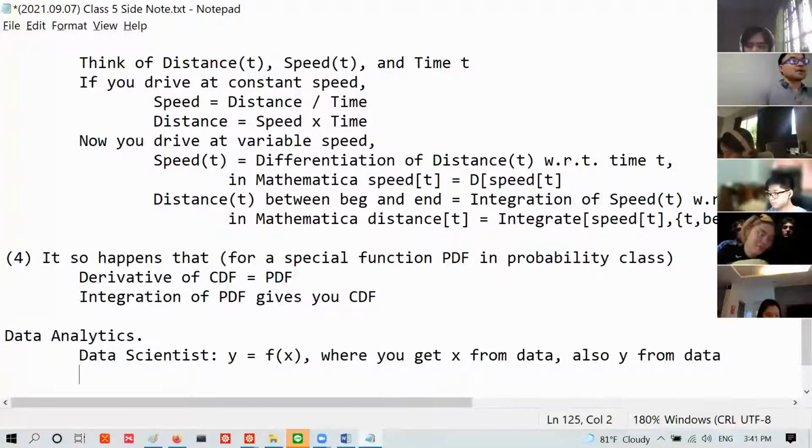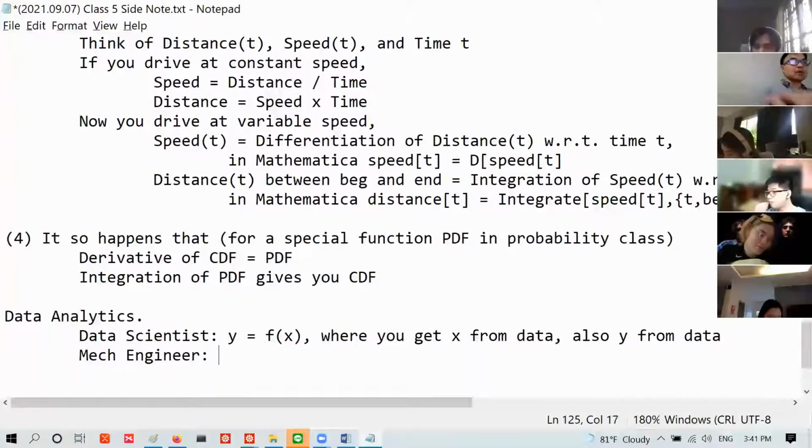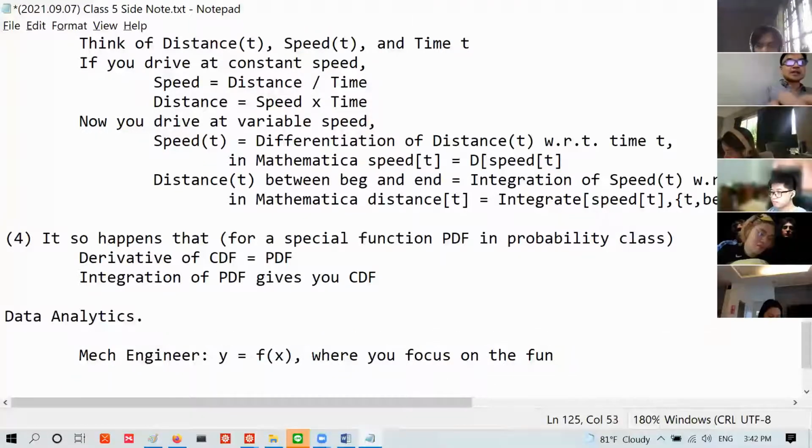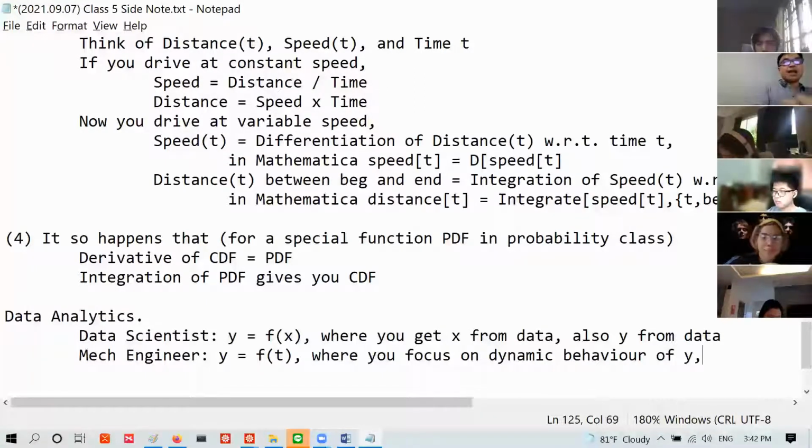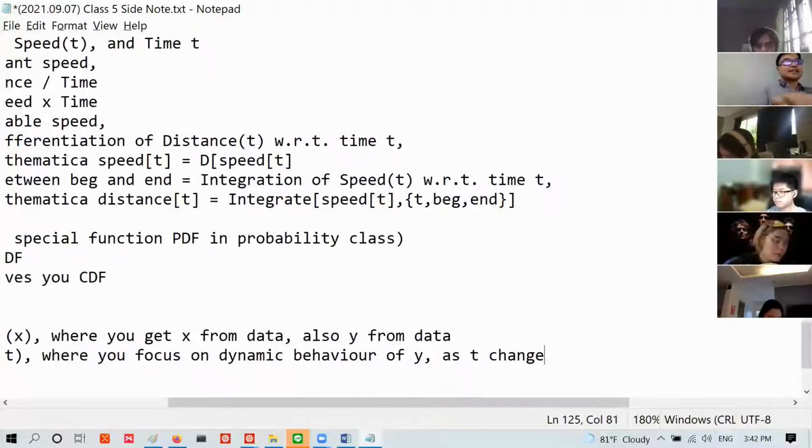Think of an engineer, say a mechanical engineer. Y is f of x, where you focus on the function, something like the dynamic behavior of y as t changes.